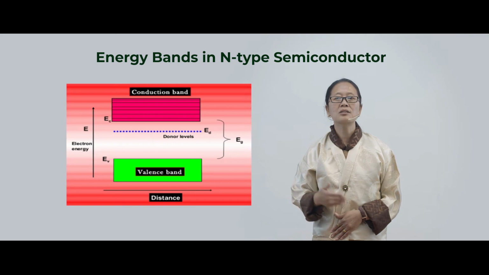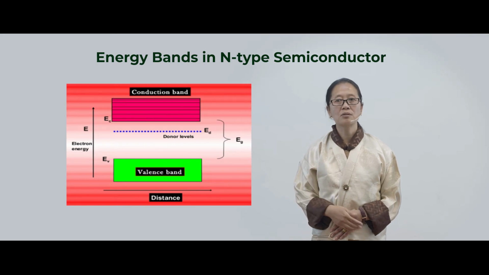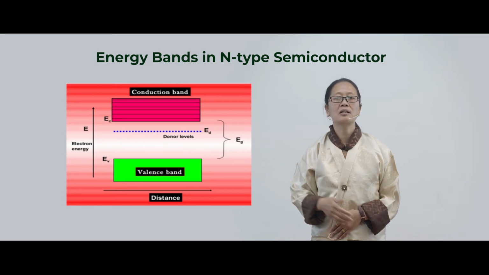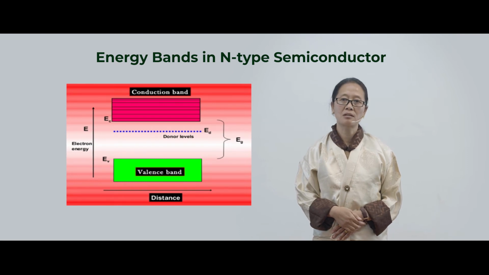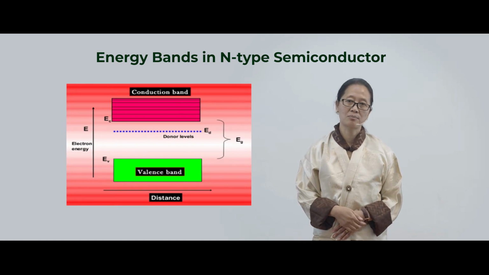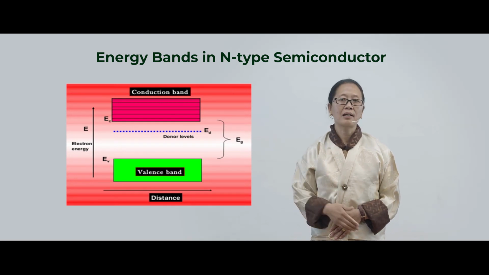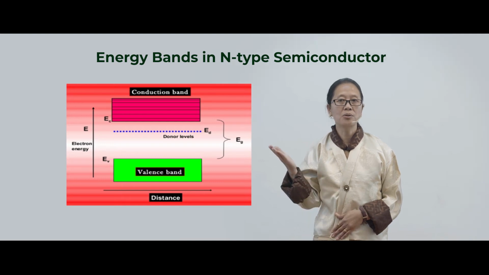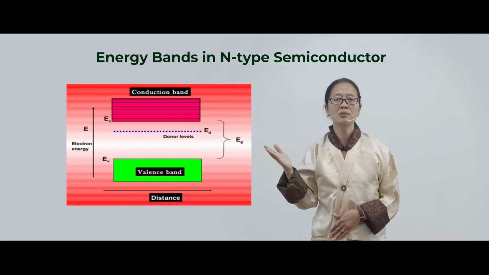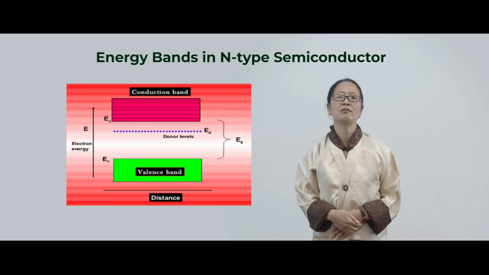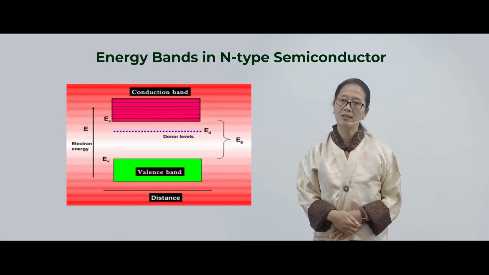That's why such impurity like phosphorus, which donates their electrons to the semiconductor, are called donor atoms or donors. So due to this, there is an extra energy level in the energy band called donor level, which corresponds to the fifth electron of phosphorus atom.